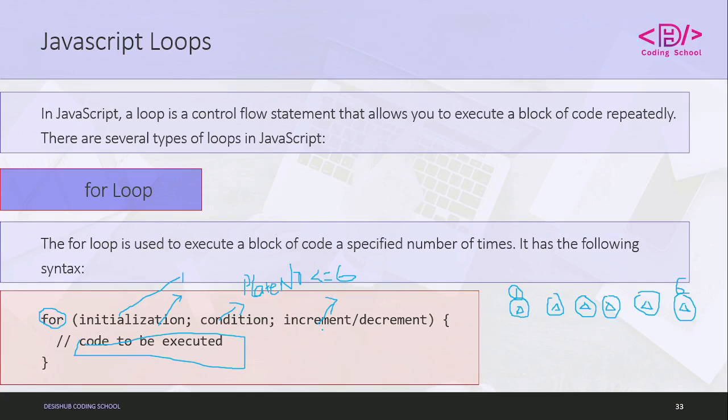And then there is the increment or decrement. You can see we are moving from number 1 to number 6, so we are incrementing. Each time we give from plate number 1, we increment by 1, we move to plate 2, we increment by 1, we go to plate 3.